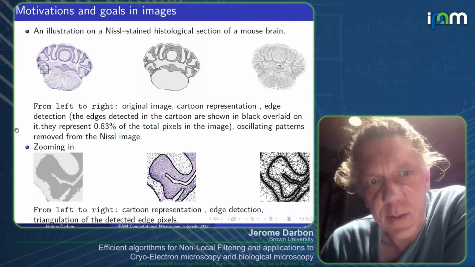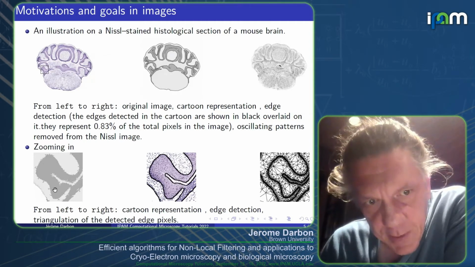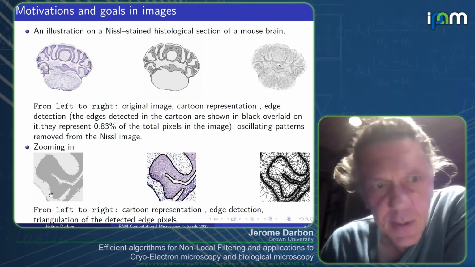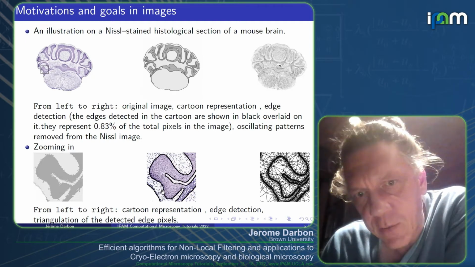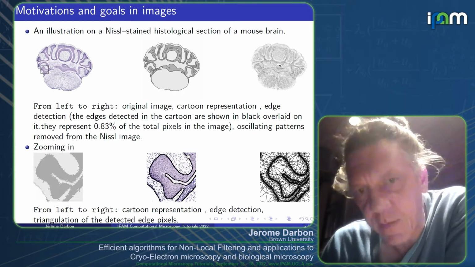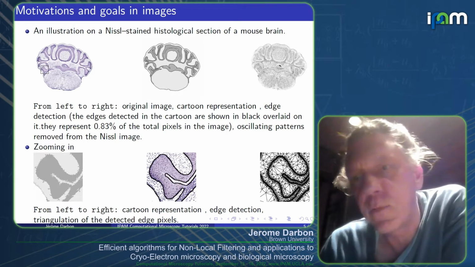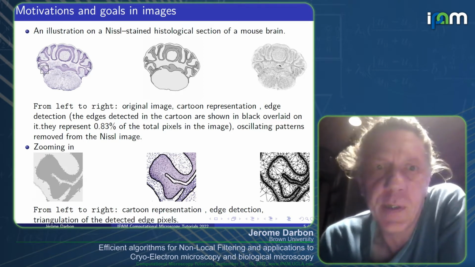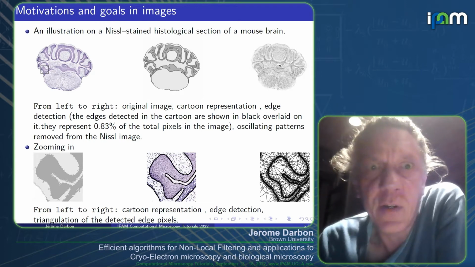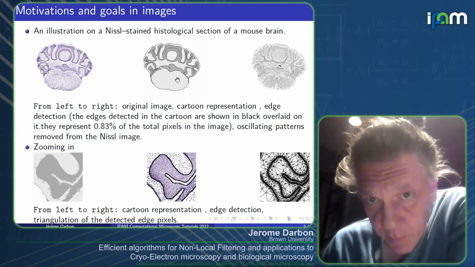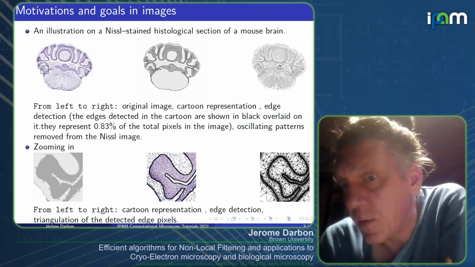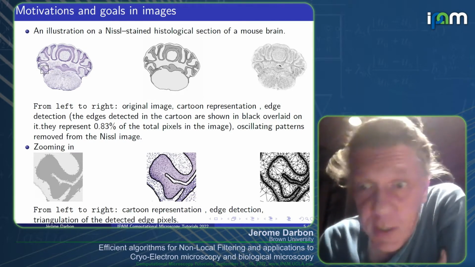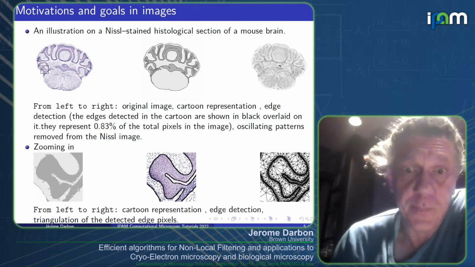And if you zoom in about this process, then you see that we were able to extract the contour, but we still have a little bit of noise. So after another filtering, you are able to correctly extract the contours in this image, which allows you to produce, for instance, a triangulation of the content of this image using only very little memory compared to the original image.